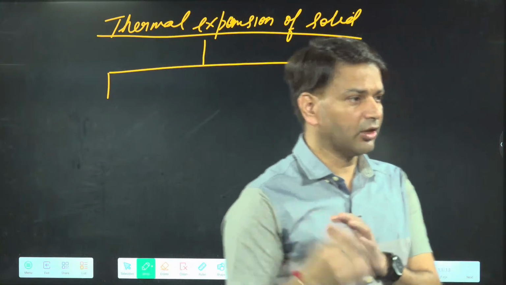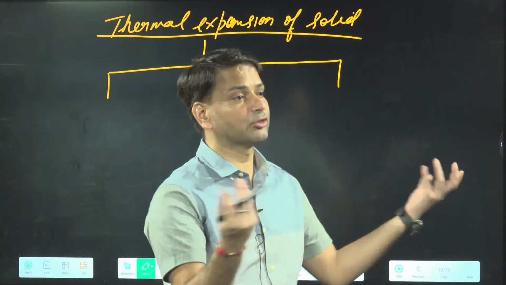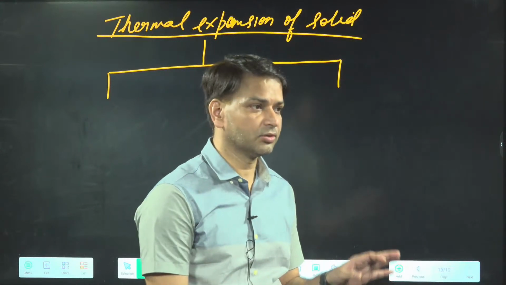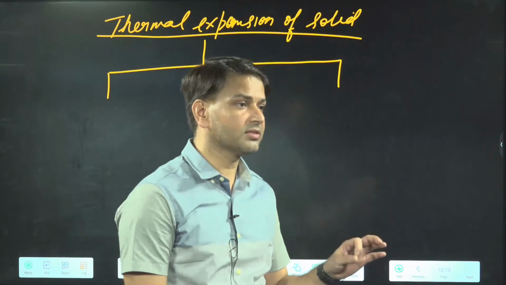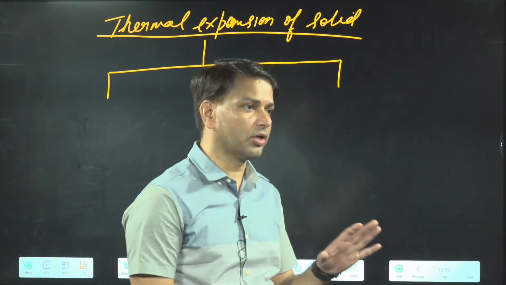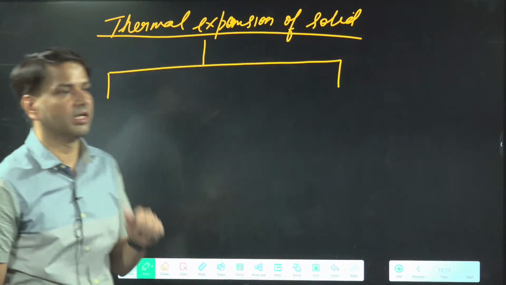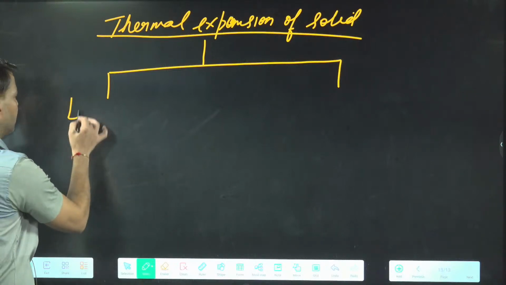In liquids and gases, we cannot define linear expansion and areal expansion. Why? Because for a liquid there is no meaning of its length. So in liquids and gases, we define only volume expansion. But a solid has well-defined length, area, and volume. That's why in a solid we define three expansions: linear, areal, and volume.